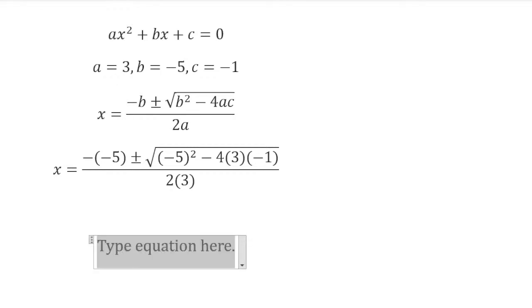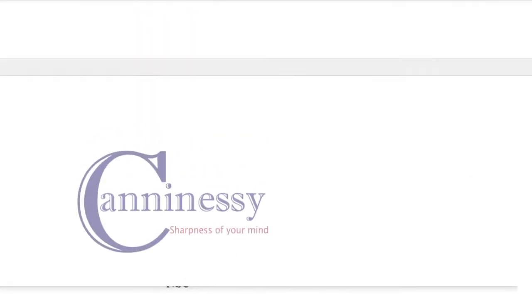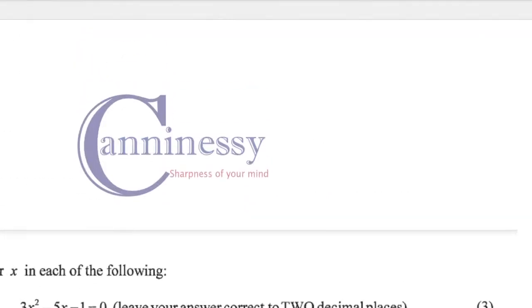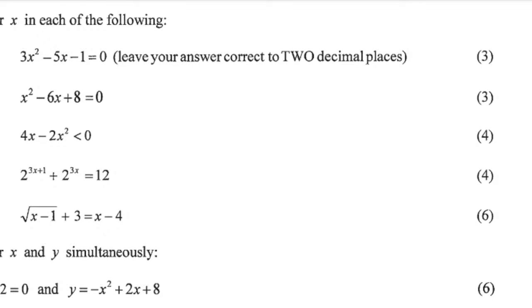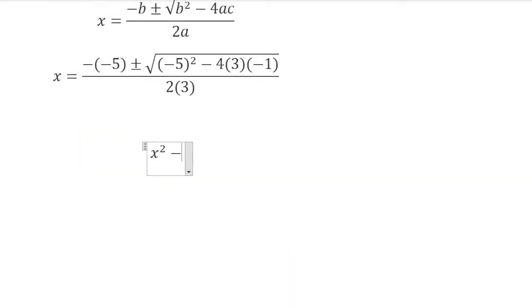So we have x squared minus 6x plus 8 is equal to 0.